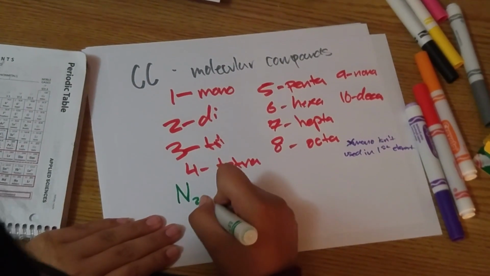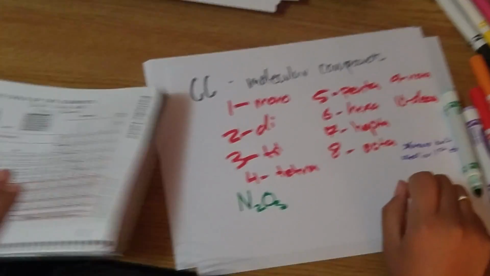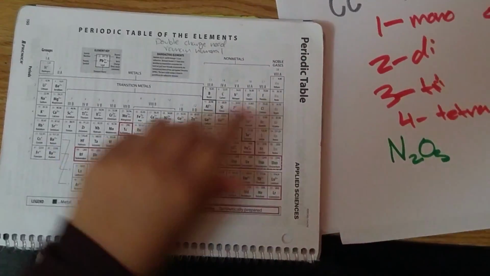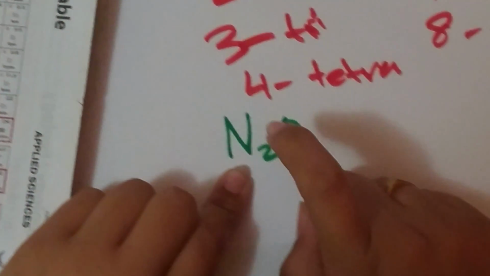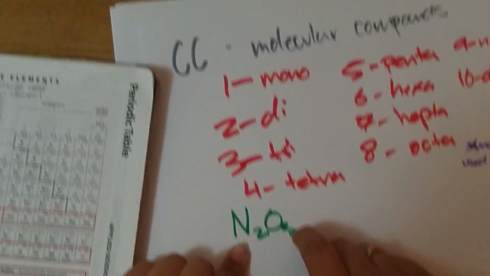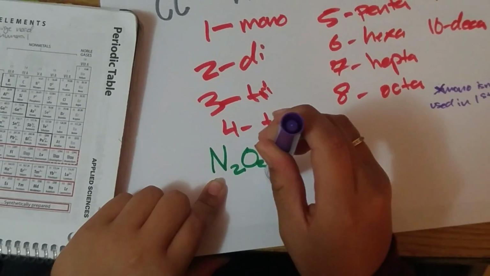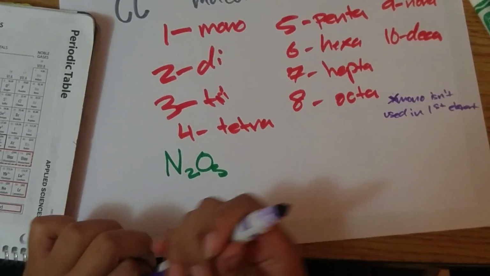Given N2O3, when we look at the periodic table, we know that these are nonmetals. So, let's see. There's 2 of nitrogen and there's 3 of oxygen. When written out, remember, there still is an "ide" ending, but only for the second one. You leave the first one alone.